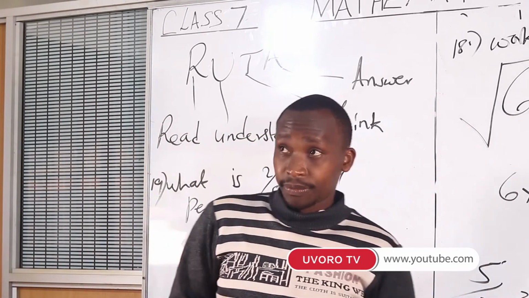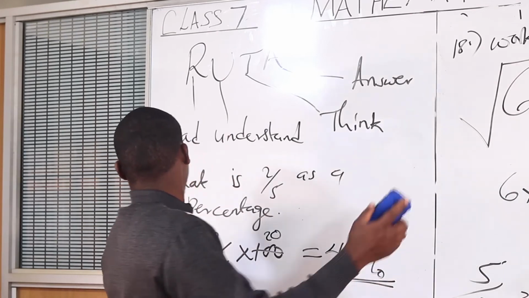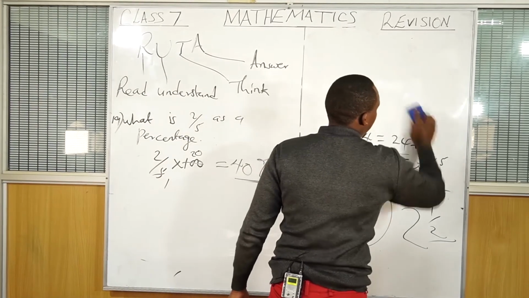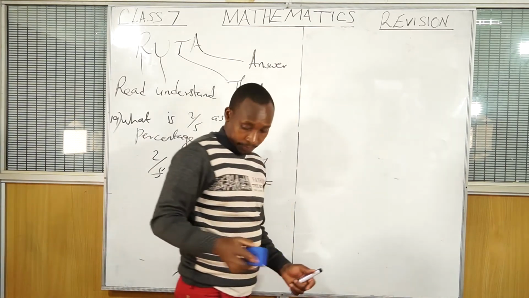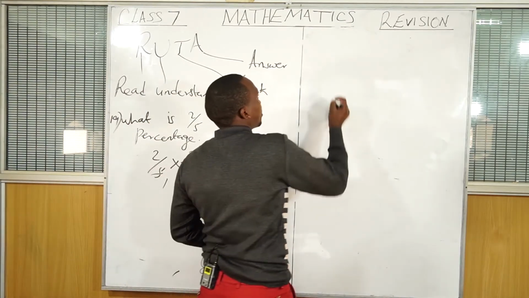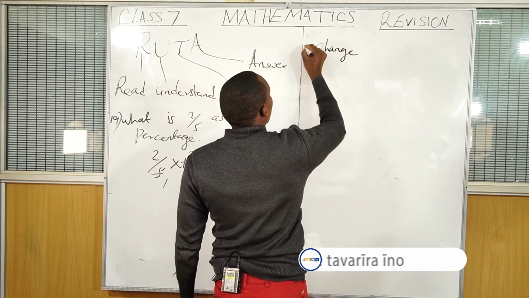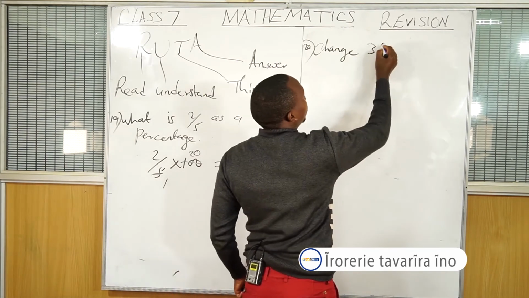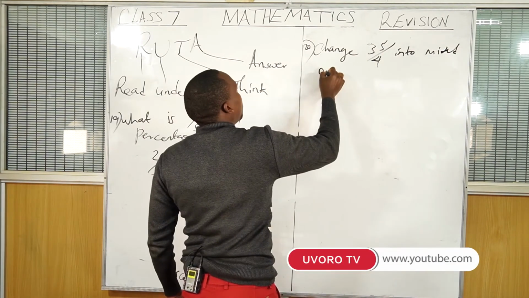The last question for today, that was number 20. Now, you are told change 35 over 4 into a mixed number.